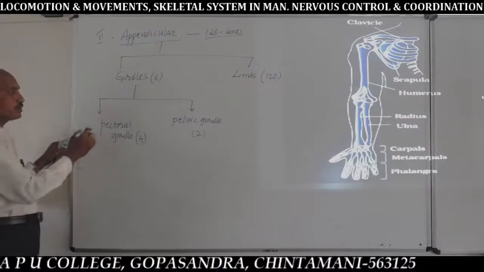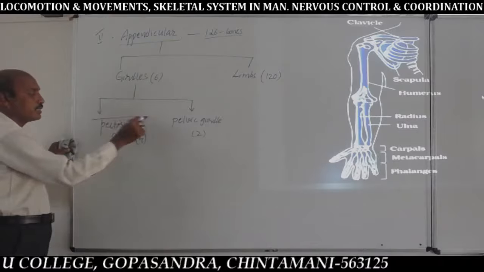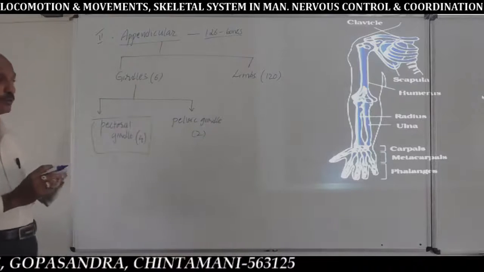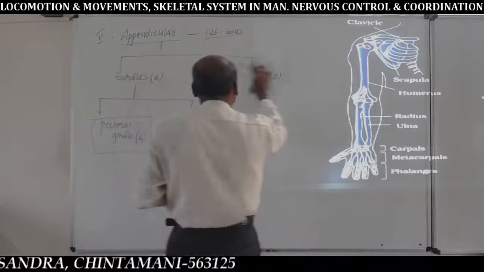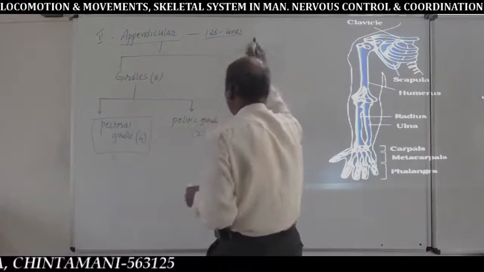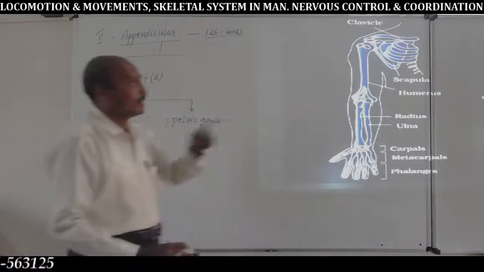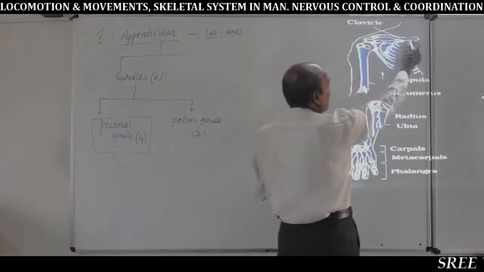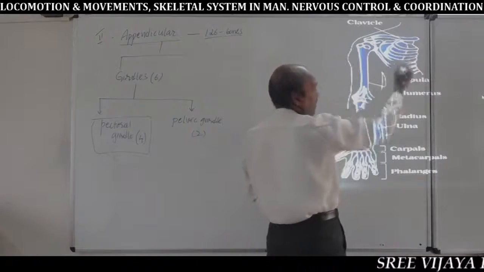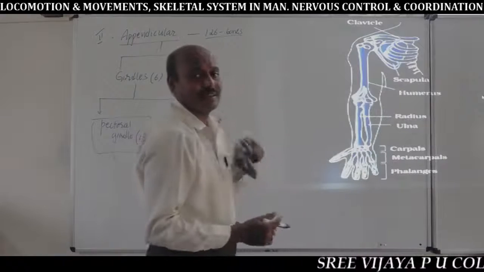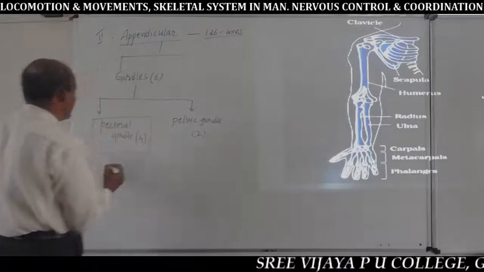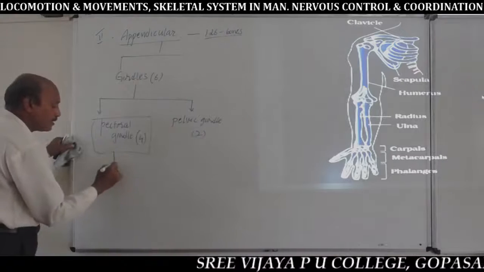Now we are going to discuss the pectoral girdle, 4 bones. Listen here. The pectoral girdle is otherwise called the shoulder girdle. This area is the pectoral girdle.